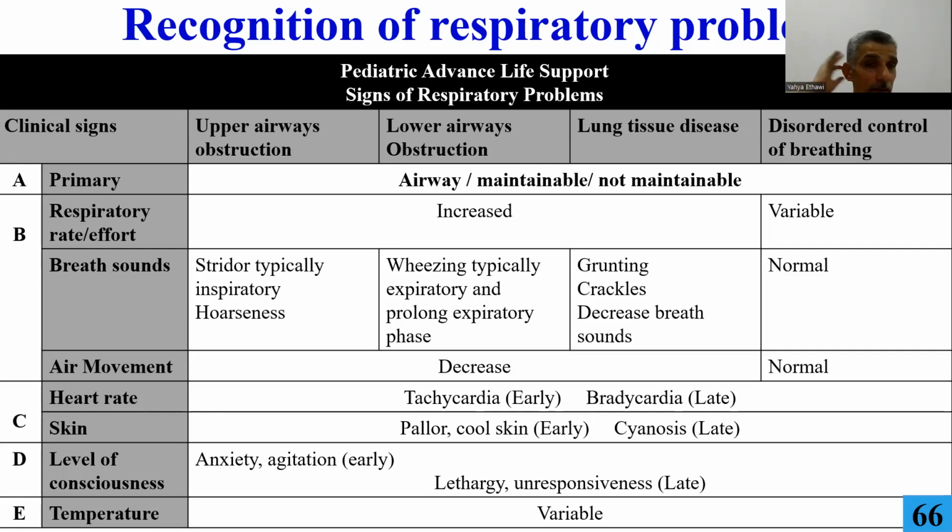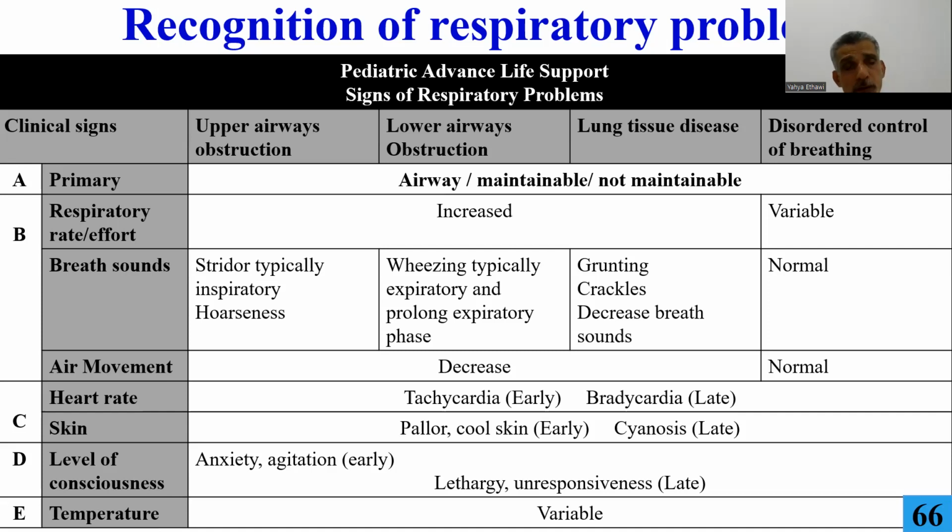So first, remember that we said that dealing with an acutely ill child is evaluate, identify, intervene. And remember, we said that we have an initial assessment, a primary assessment, and a secondary assessment.